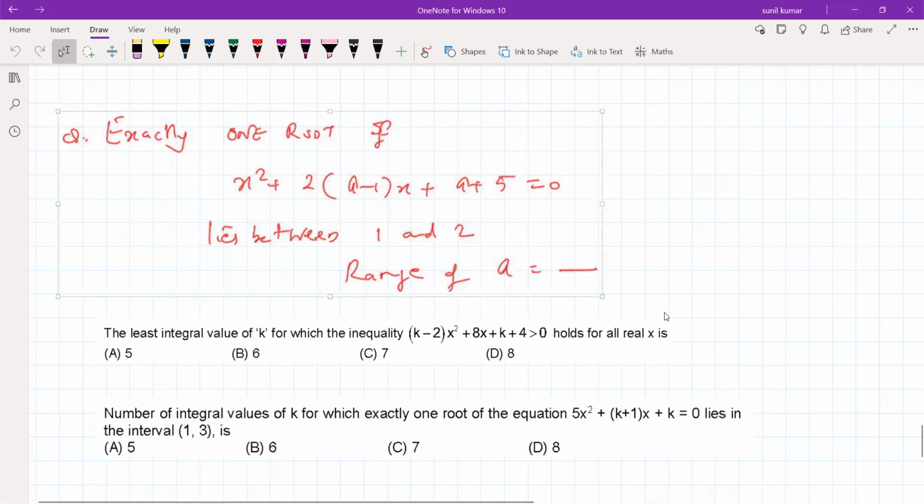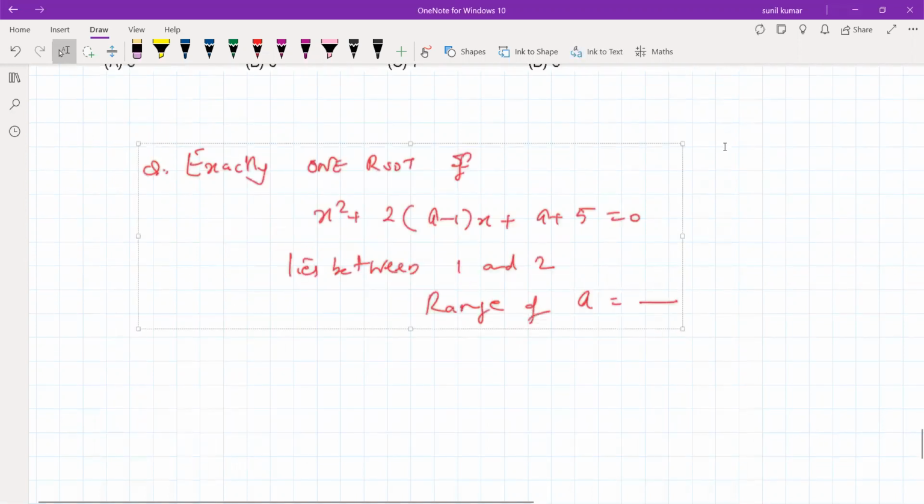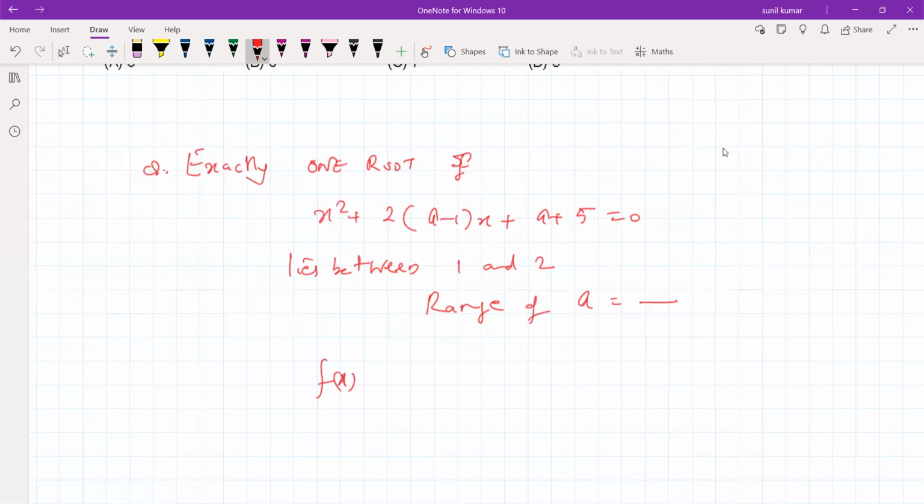Here they are giving exactly one root lies between 1 and 2. So if you put x equal to 1 here, that means f(x), I can write f(x) is the given equation, x square plus 2(a minus 1)x plus a plus 5.